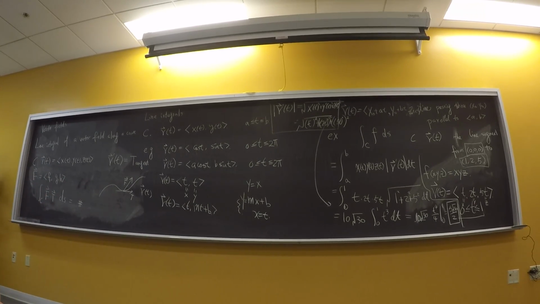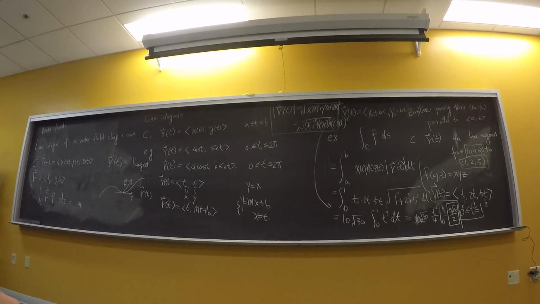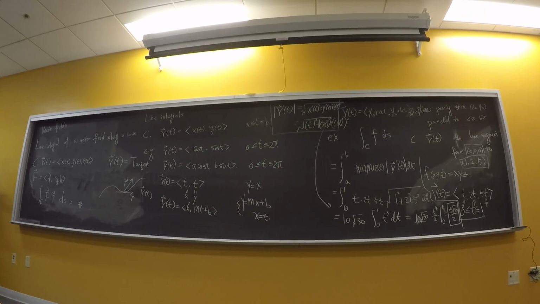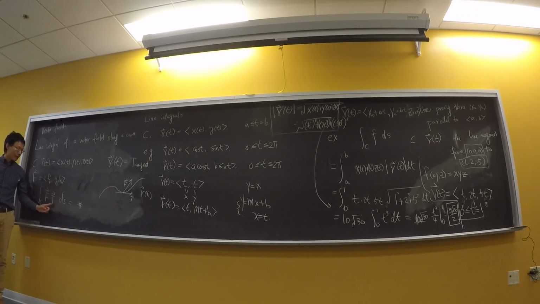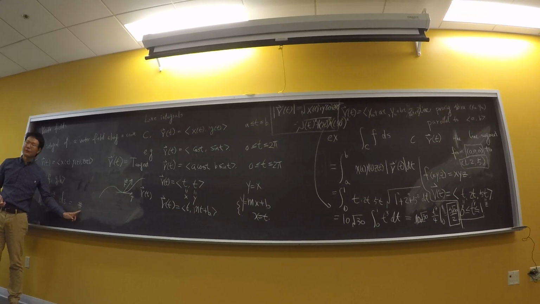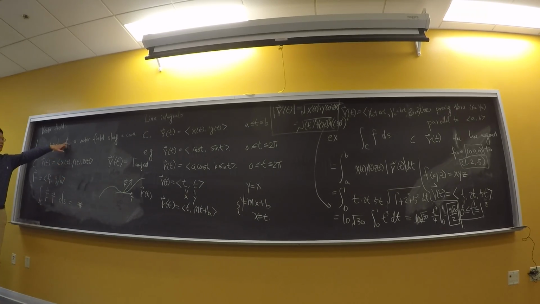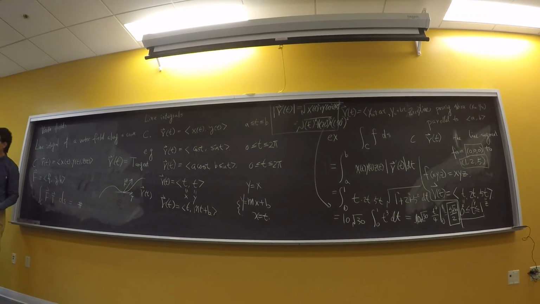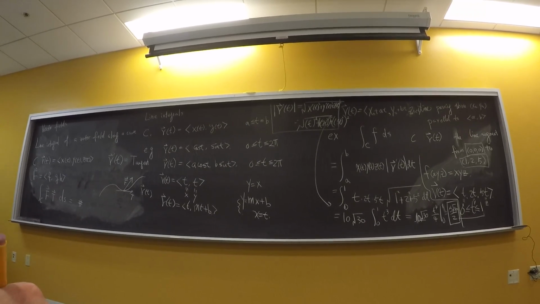So in order to take the integral of a vector field along a line and get a number in the end, this is the only way you can do it. You have to take the inner product of the vector field and the tangent vector, which is given by the first order derivative. And you get a number here, you take the integral in the end, this is going to be defined as the line integral of a vector field along a curve. So this is the only way we can define a line integral to get a number.